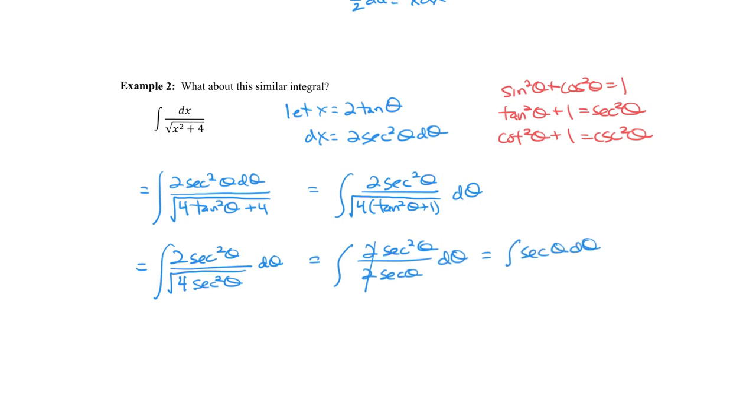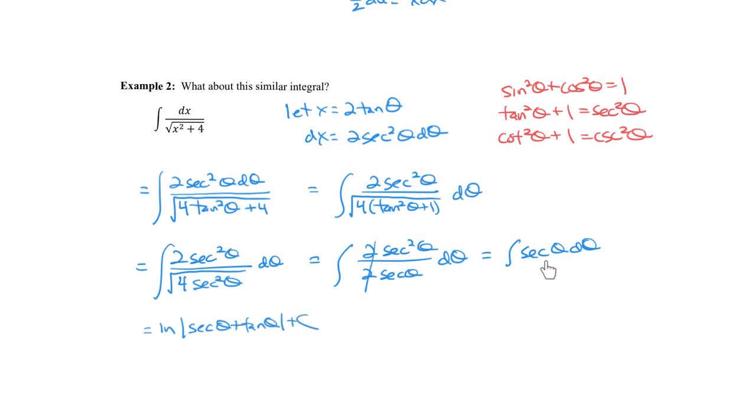Now this one we saw in section 7.2, right? We multiplied this by 1 in the form of secant theta plus tangent theta over secant theta plus tangent theta, and we came up with an answer for this. So the answer for that is just natural log secant theta plus tangent theta plus c.